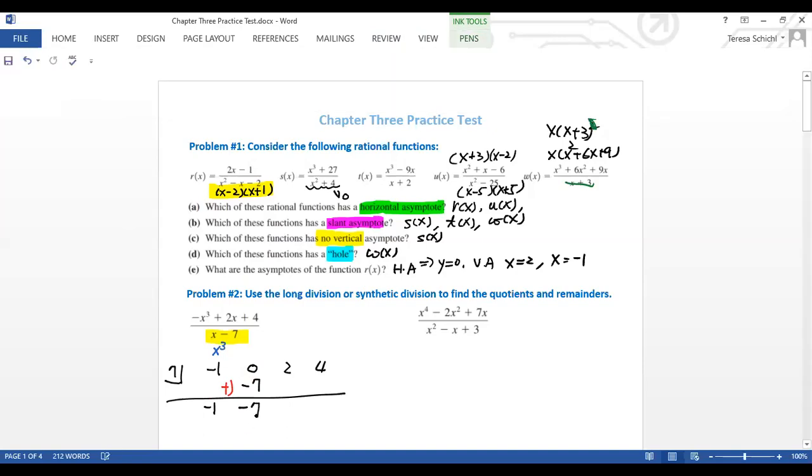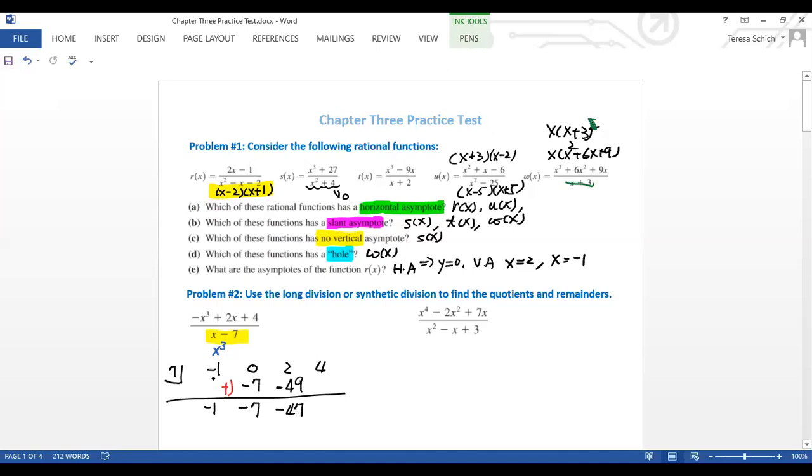Now negative 7 times 7 gives you negative 49. You add again, so it's negative 47.